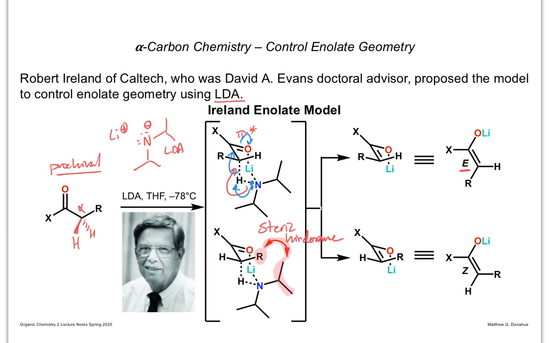If it does happen, that ends up with the Z enolate. So just by the choice of base, you're able to select out one enolate in preference for the other.